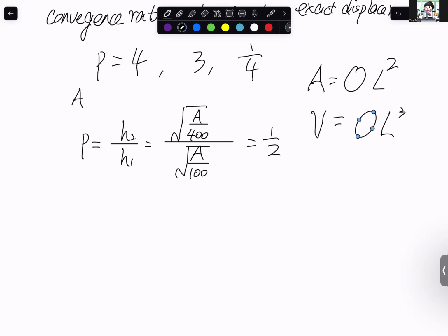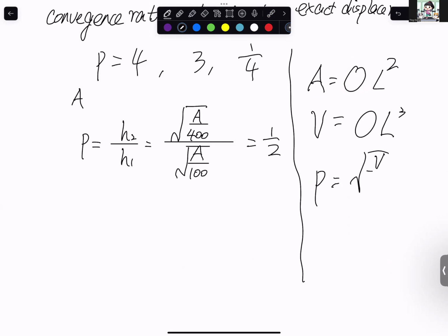So in the end, if it's 3D, then it becomes the ratio we consider, let's say V over, let's still consider as 400.